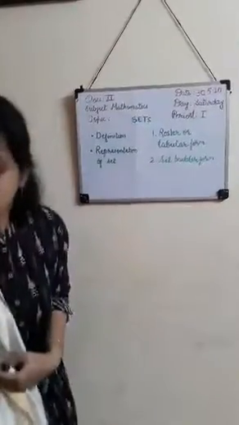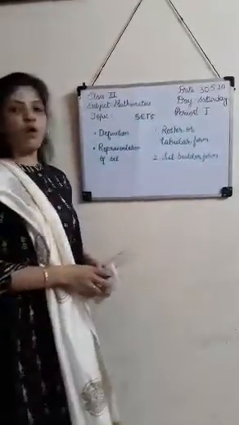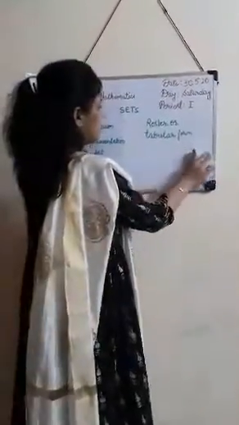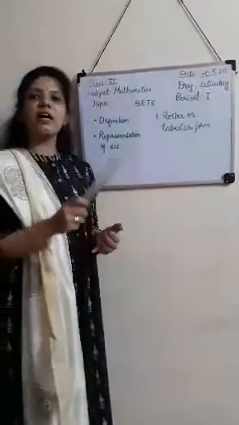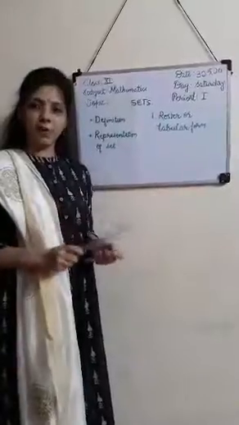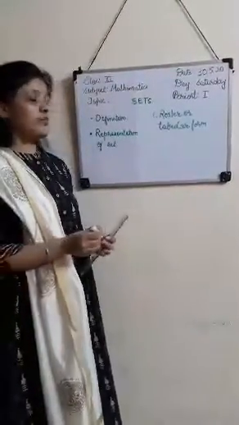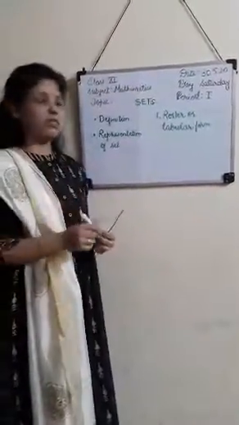Now, how to write elements of a set in roster form? In roster form, the elements of sets are listed and separated by commas and they are enclosed in braces.